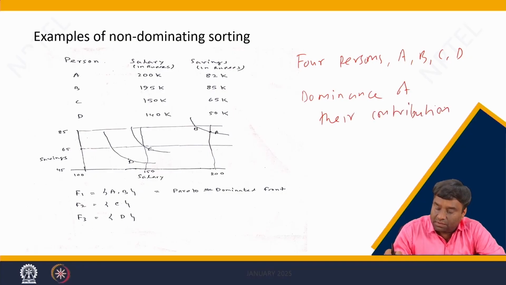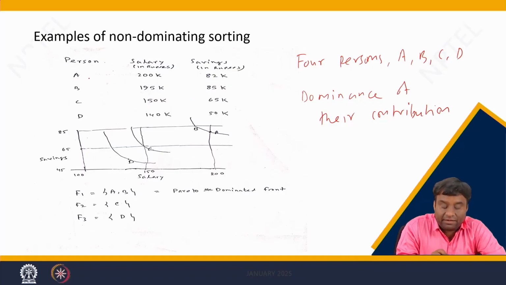We have two parameters, suppose salary and savings. The person having maximum salary or maximum savings, we will assume is more dominating, so his contribution is more dominating.